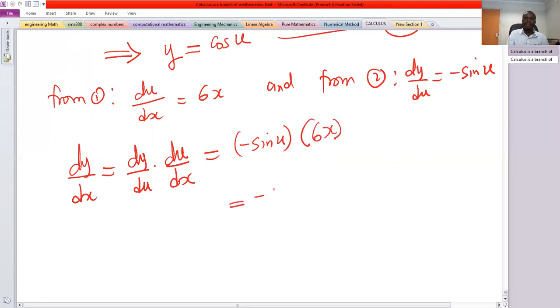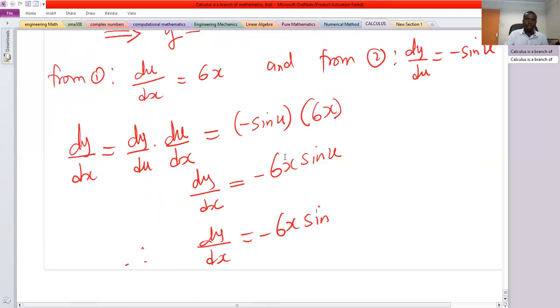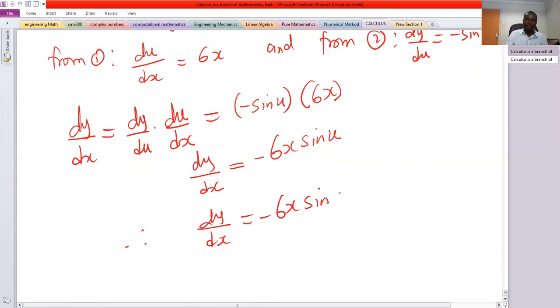And this is the same thing as writing negative 6x sine of u. So this is dy dx. So therefore, dy dx is negative 6x sine of u, which is 3x squared. So this will be the solution.